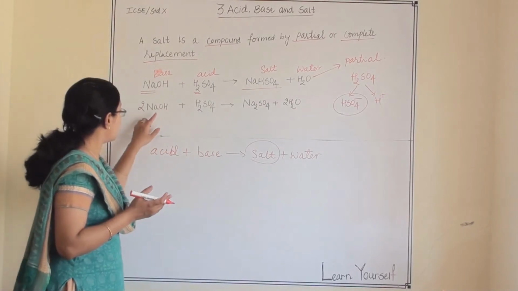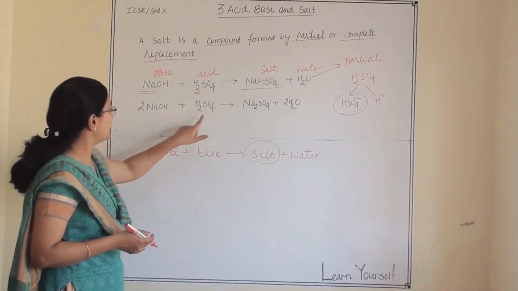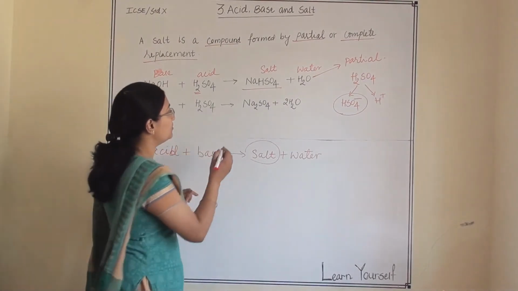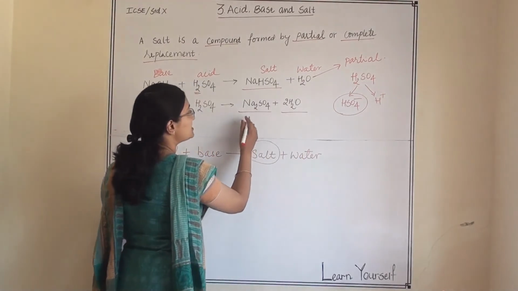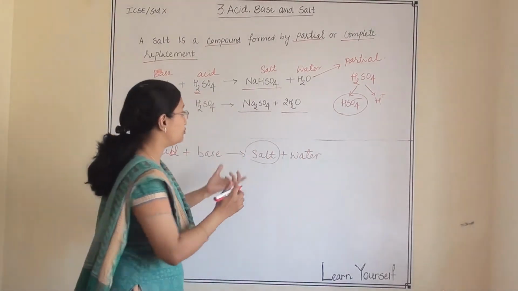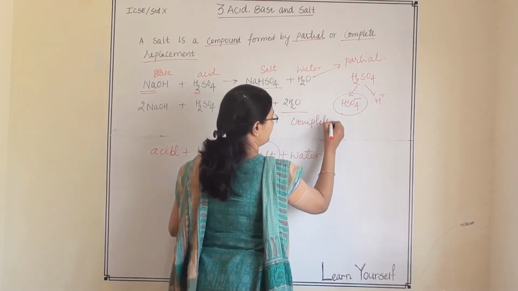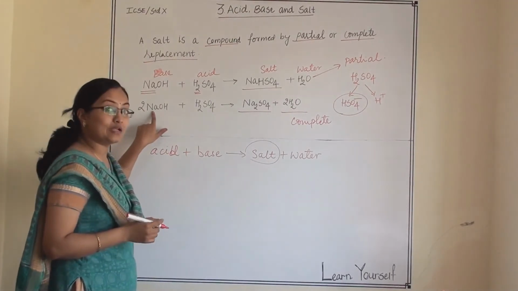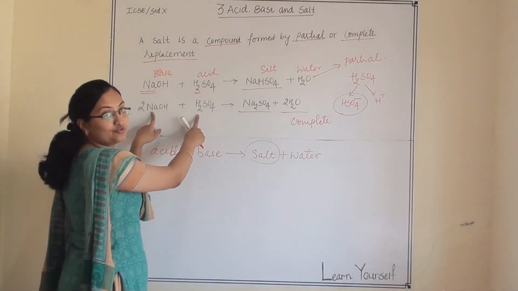In another reaction, 2 molecules of sodium hydroxide will combine with H2SO4. So here you will get Na2SO4 and 2H2O. This is a complete salt through complete replacement. Why do we need 2 atoms of Na? Because here 2 atoms of hydrogen are there.